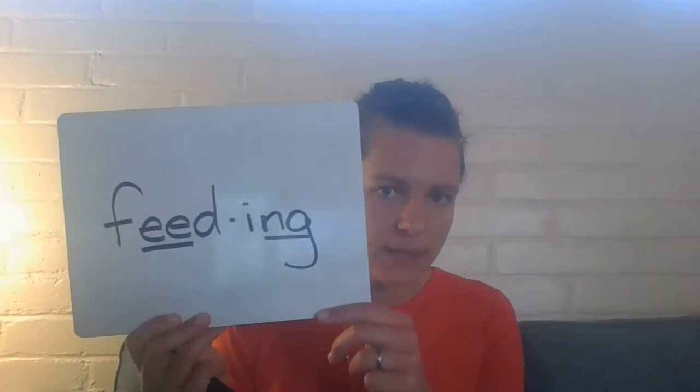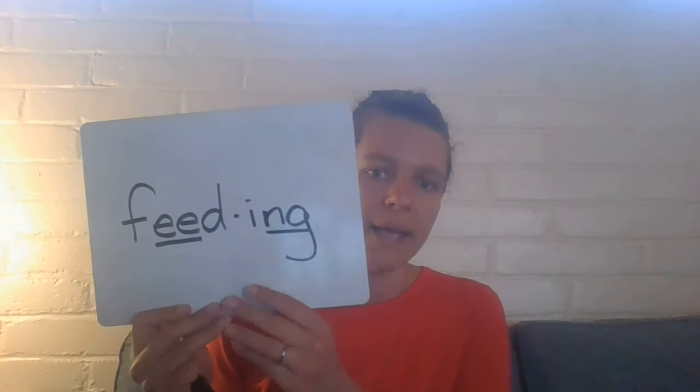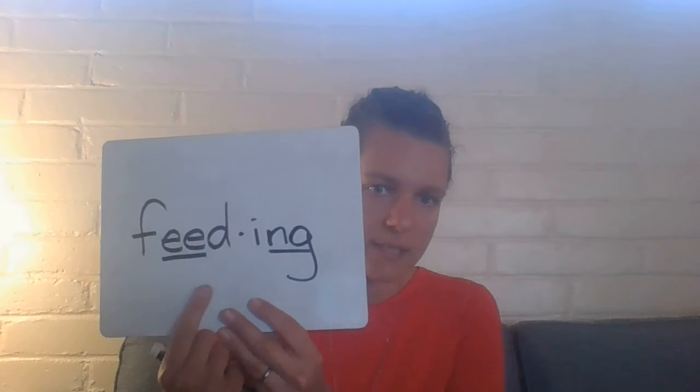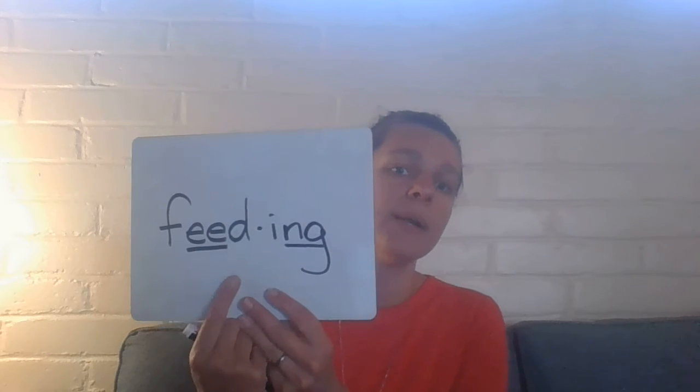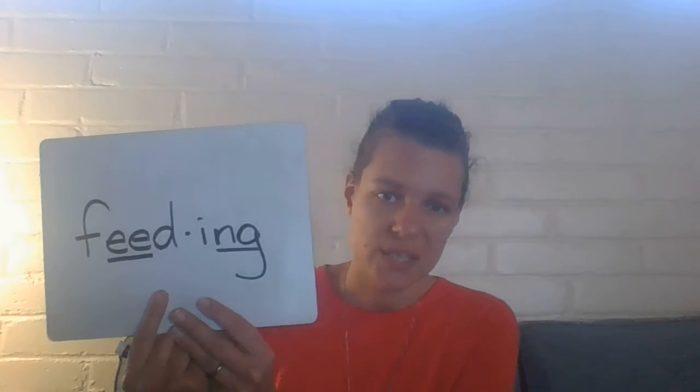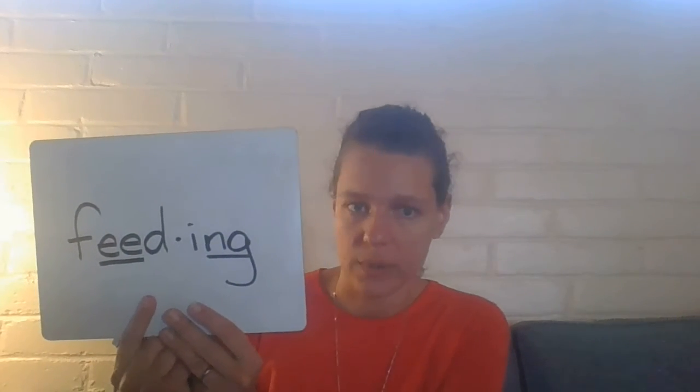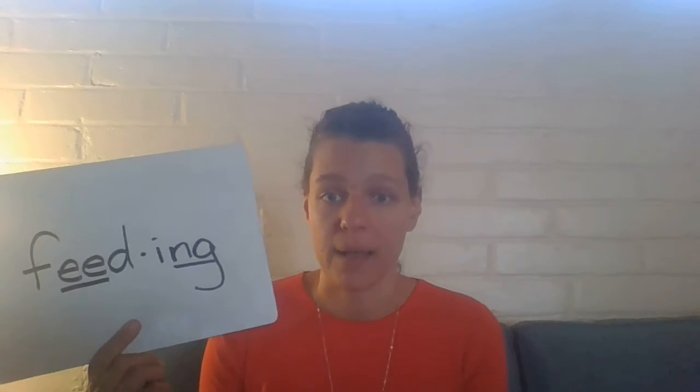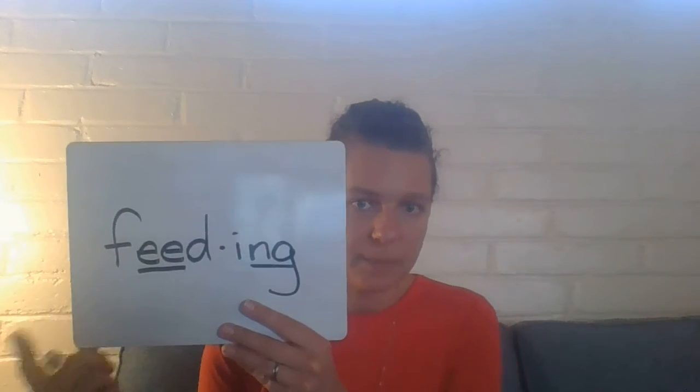All right, this is what your feeding should look like. And remember, before we use this, we always need to have a helping verb in front of it. I couldn't just say, I feeding the cat. That wouldn't be right. I would have to say, I am feeding the cat.